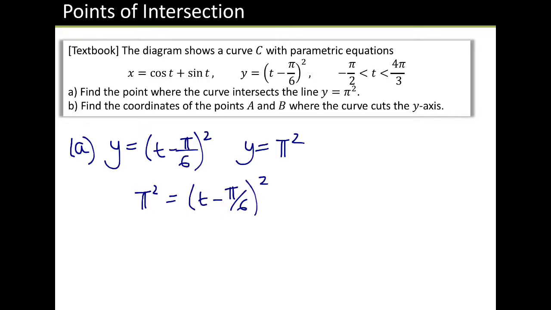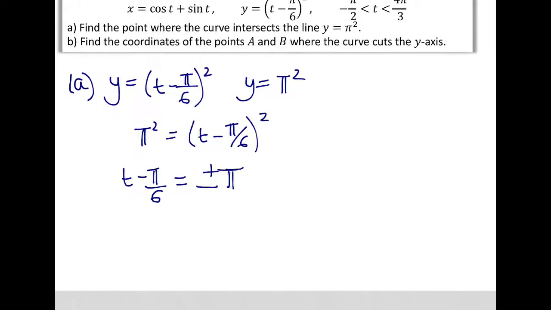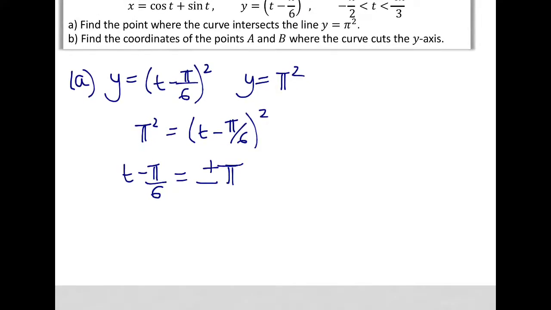So therefore, I'm going to put the t minus pi over 6 over here just because I prefer it. And that would equal plus or minus pi. Okay, so you've got to remember that when you square root, you get that positive and that negative answer, because if you miss that, again, you lose some solutions, which they're checking. Are you aware of that in the exam? It's another way they check whether you do fully understand all the mathematical concepts.